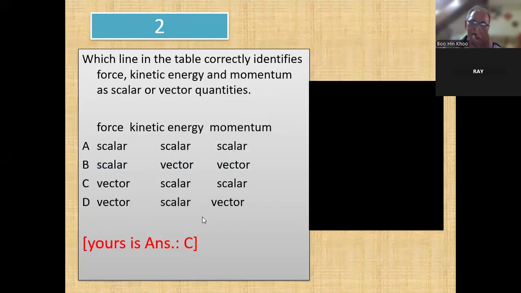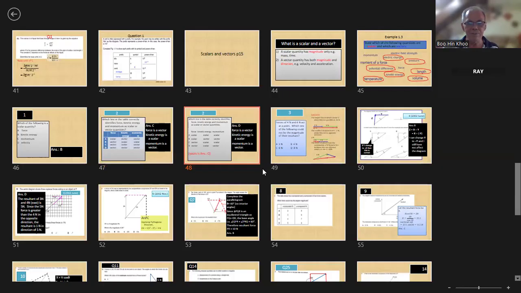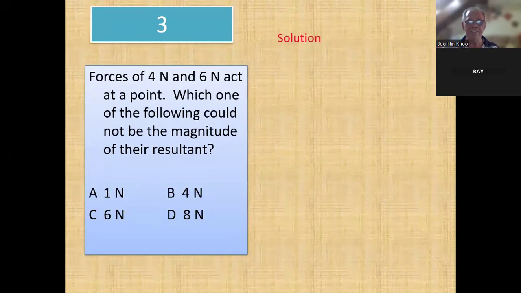Number 2, we just did that, so we won't bother about that. How about this one?